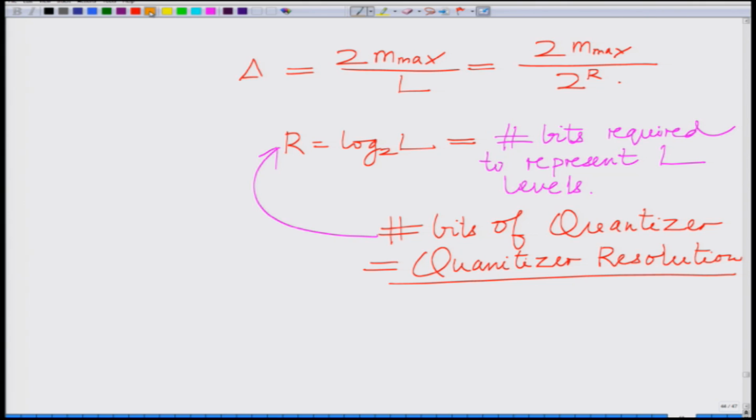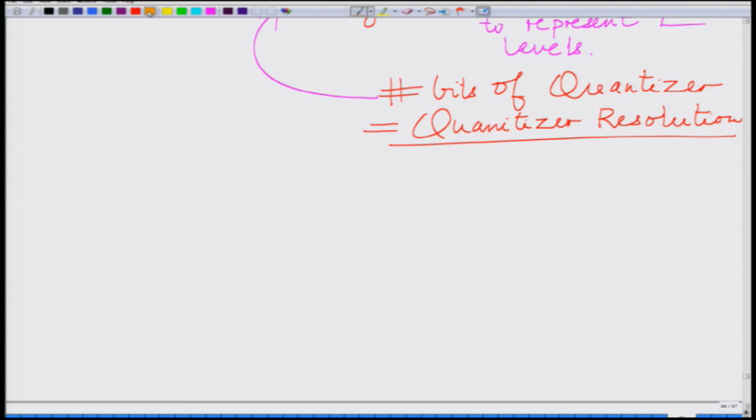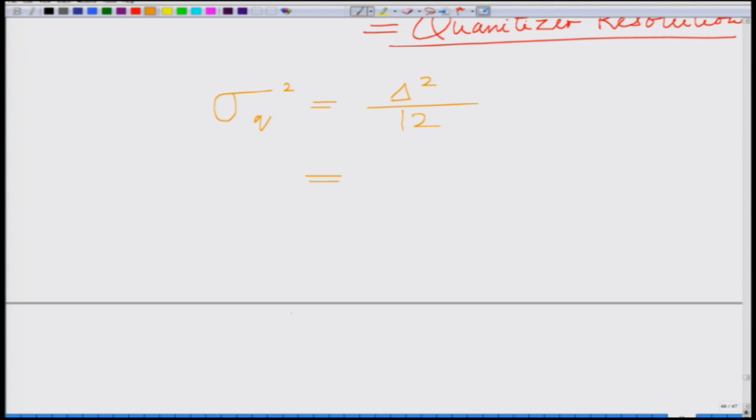Now, we also know that sigma q square, the quantization error, equals delta square by 12, but we have delta equals 2 m max by 2 to the power of r.